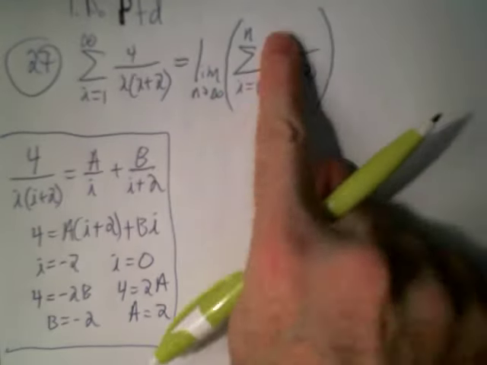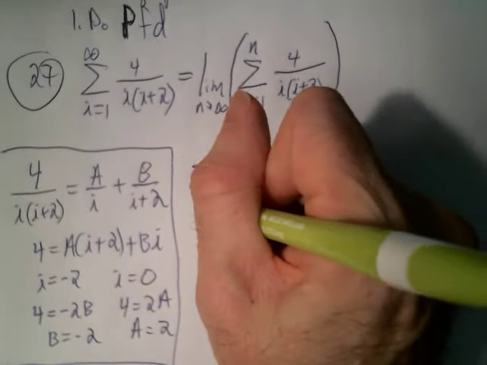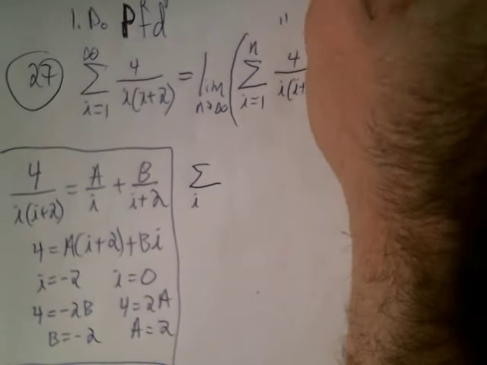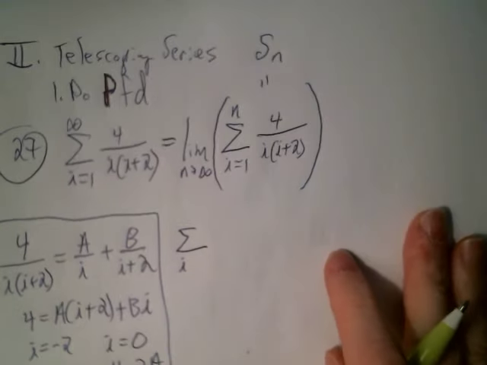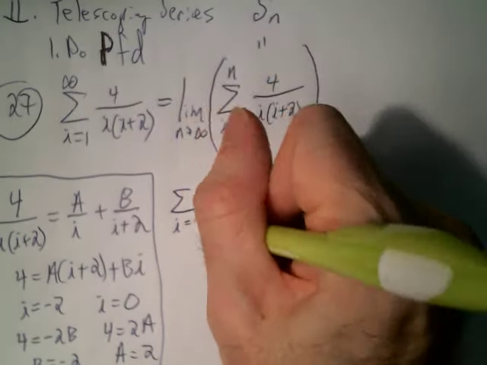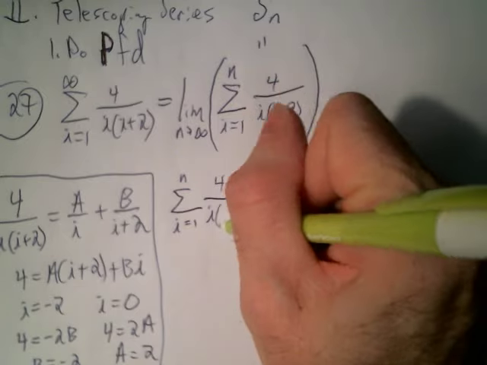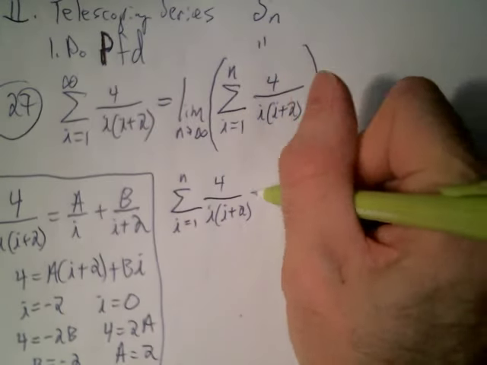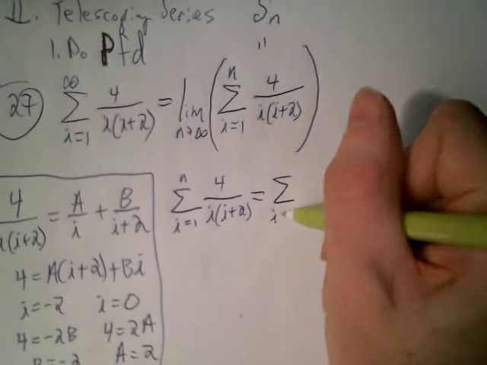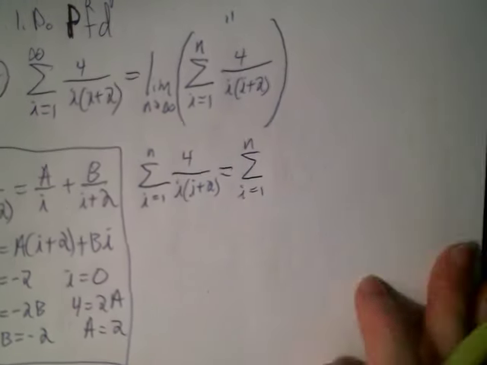Okay, then we could rewrite this thing in parentheses, which is our S of n. We're after a formula for S of n. So we could rewrite this using our partial fraction decomposition.